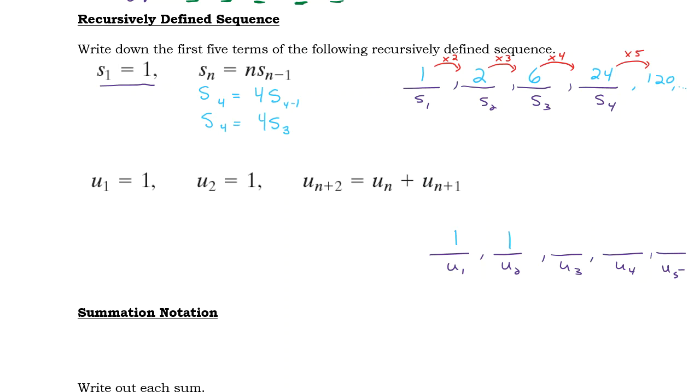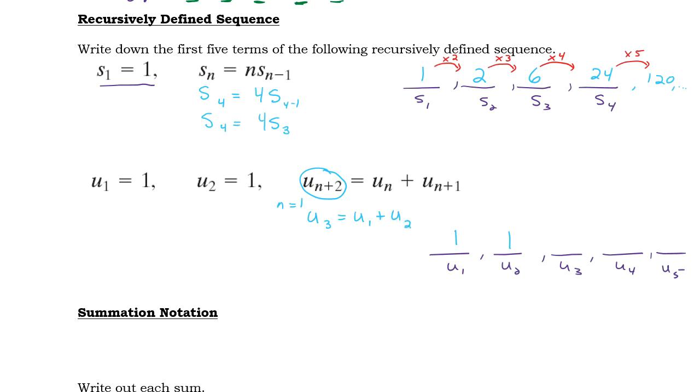Now, how do we find the third term? All right, let's look at this formula right here. So I want to find u sub 3. So what I'm going to have to do is let n equal 1. Now, this is a little tricky, but let's write this out. If I let n equal 1, I'm going to put 1 where all the n's are, okay? So it's going to say u sub 3 equals u sub 1 plus u sub 2.